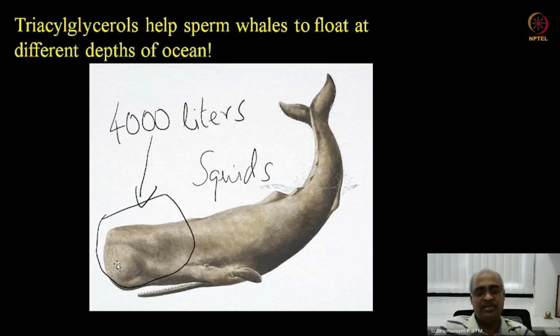When it dives back to the surface, the fat becomes liquid again and its density goes down. So by exploiting this melting point difference in the acyl moieties of the triacylglycerols, this whale has developed an adaptation that allows it to float effortlessly at great depths. This is one of the interesting stories about triacylglycerols.